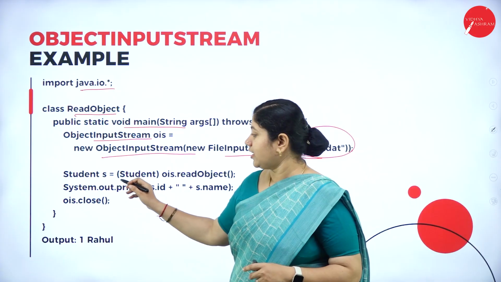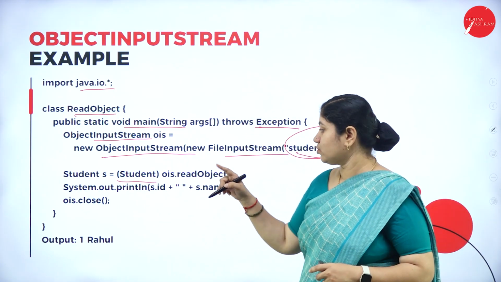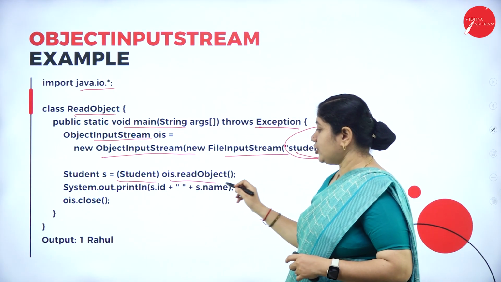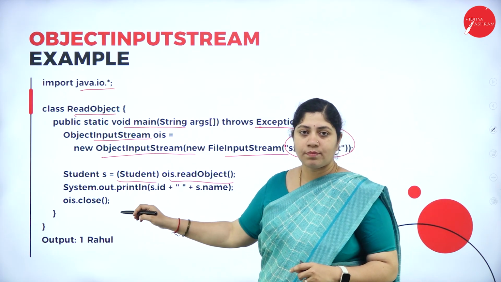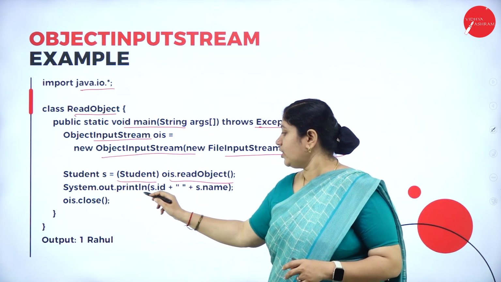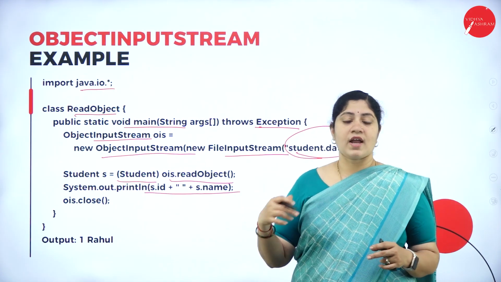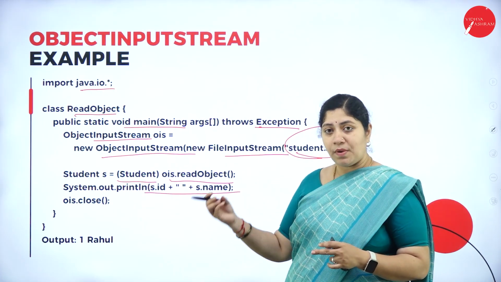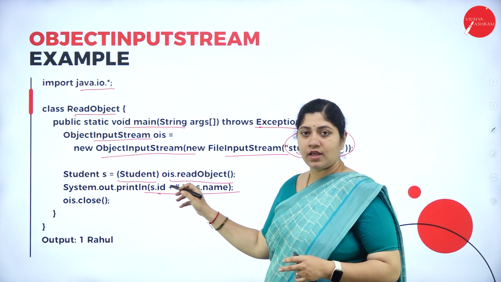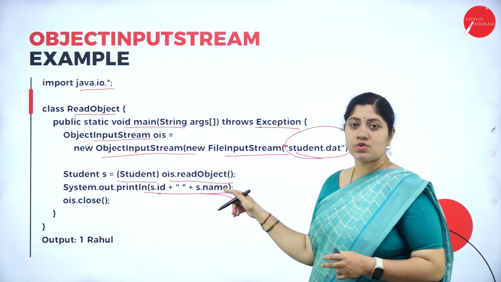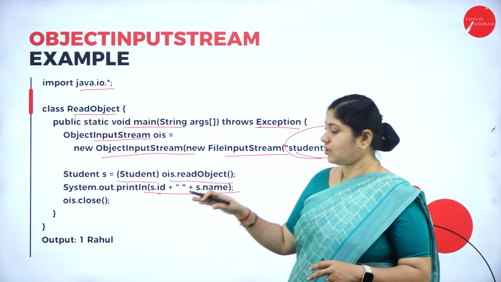All right, now let's see Student s equals the Student object. This is the class which we are defining to read an object, followed by writing a print statement, that is System.out.println of the student's ID, space, name. So what should it be? An ID, followed by a space, followed by the student's name has to be written at the output.